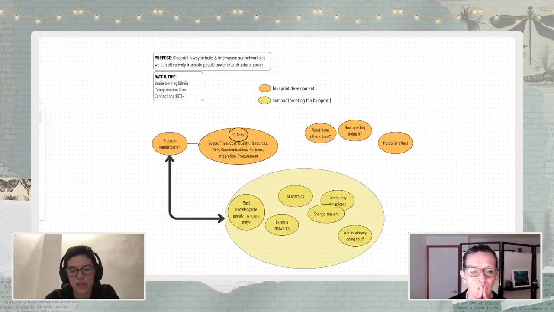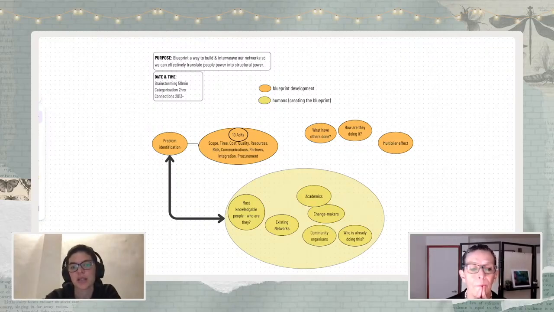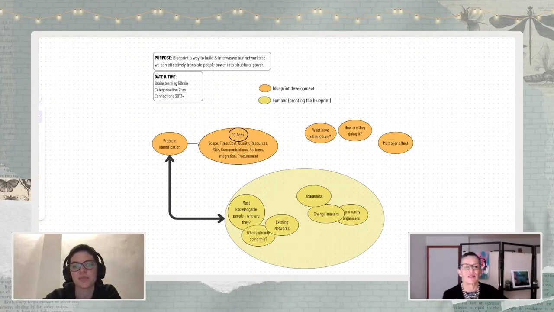So that is a great place, I think, to also start to find more information about what different organizers are doing in different spaces, and also what kind of knowledge is held that could potentially be shared and helpful in this process. And then, of course, from there, we want to identify community organizers, change makers, academics, maybe who is already doing this as well.